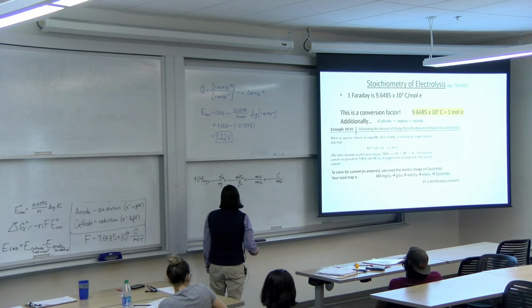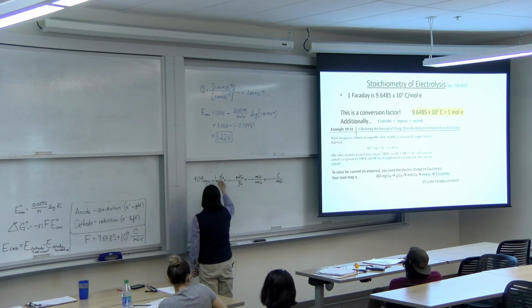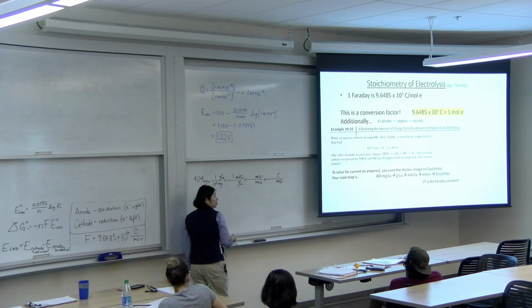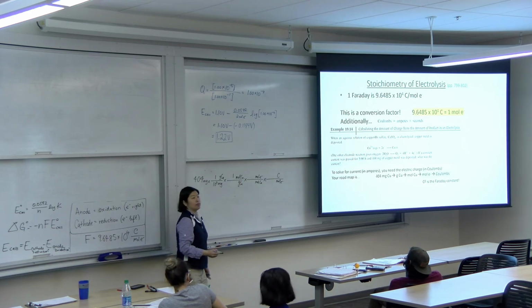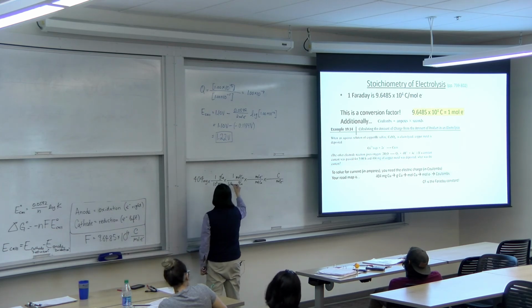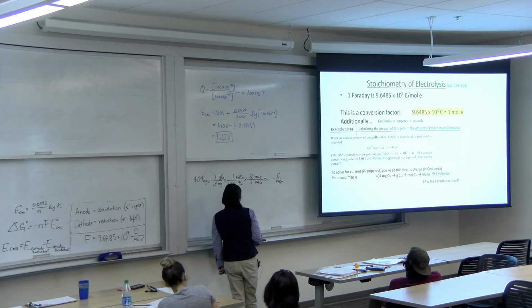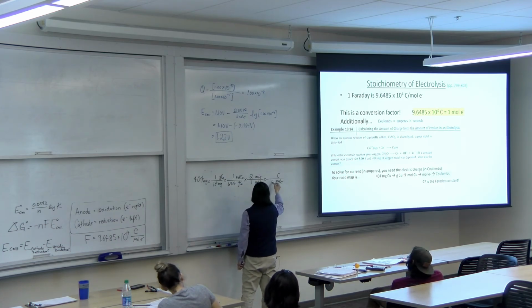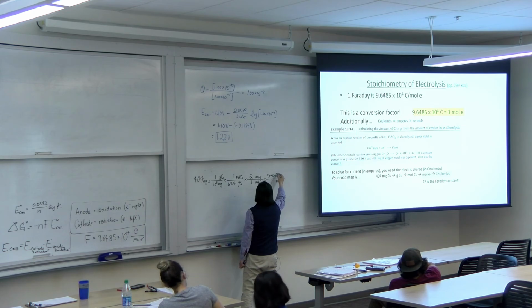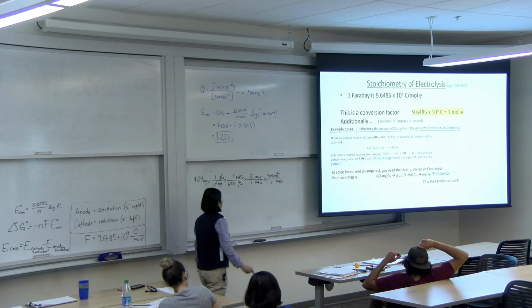So 10 to the third, 1 copper is 63.5. 1 mole of copper gives us 2 moles of electron transferred. 1 mole of electron per 9.64585 times 10 to the 4th.